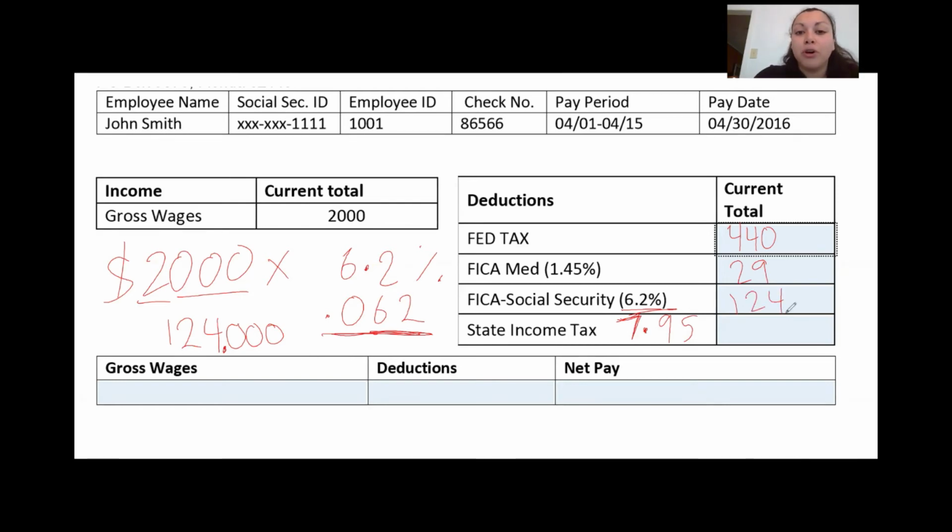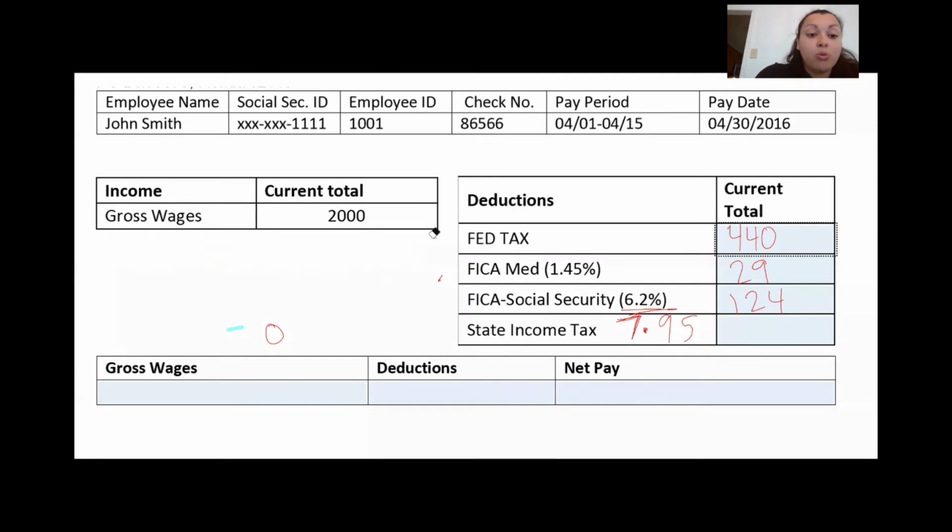So then my last part is state income taxes. And that, again, if we lived in PG County, Maryland, would be 7.95%. So I'm going to put 0.0795, and I multiply that by 2,000. I know that 5 times 0 is going to be 0, and 5 times 2 is 10. I know that this 9 is really a 90. So 9 times these 3 zeros is 0, and then 9 times 2 is 18.